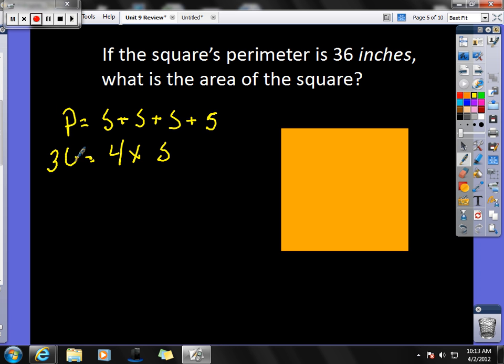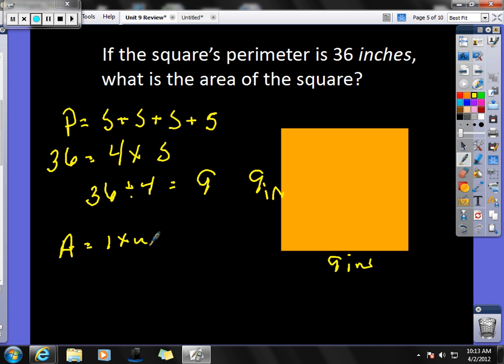Equals 36. That means if I divide both sides by 4, and I do 36 divided by 4, I should get the length of one side, which is 9. That means my square now is a 9 inch by 9 inch square. And in my area equation, area equals length times width.